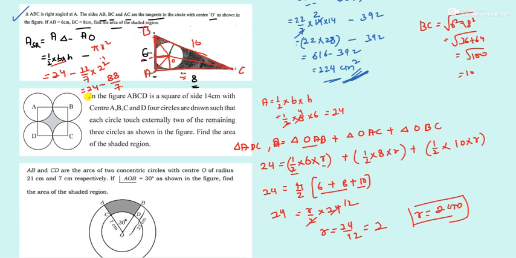When you solve it, divide 88 by 7. 7 ones are 7, 1 8, 7 twos are 14, so you can get approximately 12.5. So 24 minus 12.5, when you do, you will get 11.5. Approximately it is 11.5 centimeter square. That is the area of the shaded region.